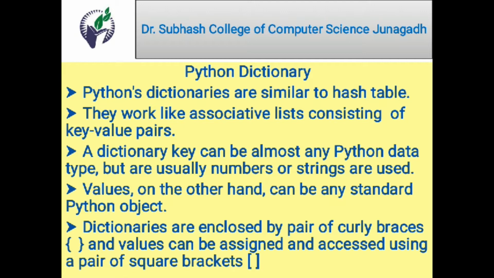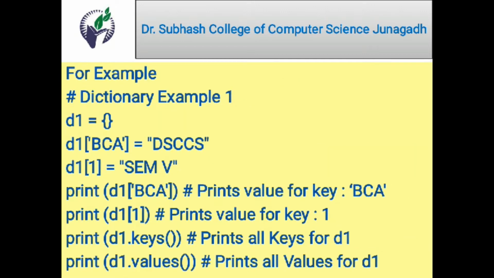For example, the first example here, D1 equal to blank. Here we are creating a blank dictionary, meaning there is no element, we are just giving D1 equal to empty curly brackets, which means it is a dictionary type.